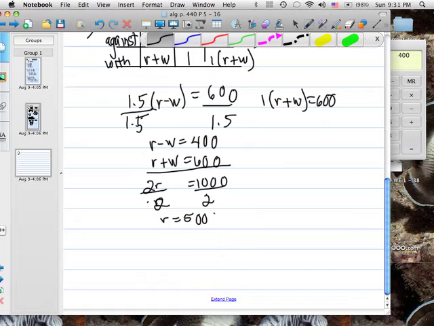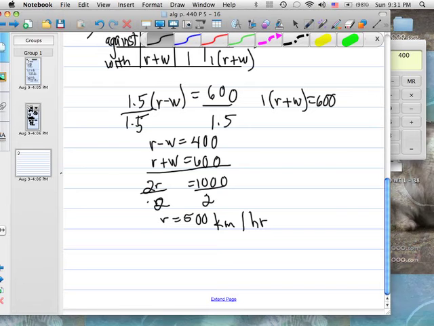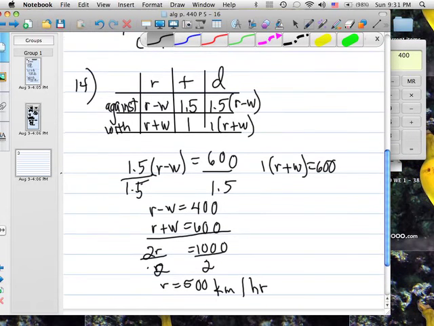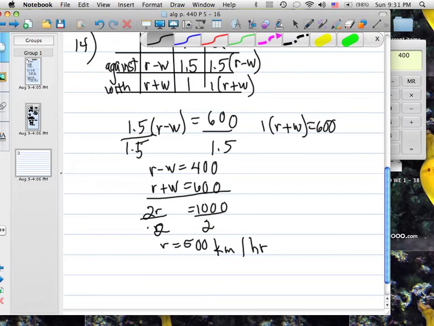And they were going kilometers per hour. And they want to know the total flying trip for the round trip if there was no wind. Well, this is the rate with no wind. The total trip involved 1,200 miles.